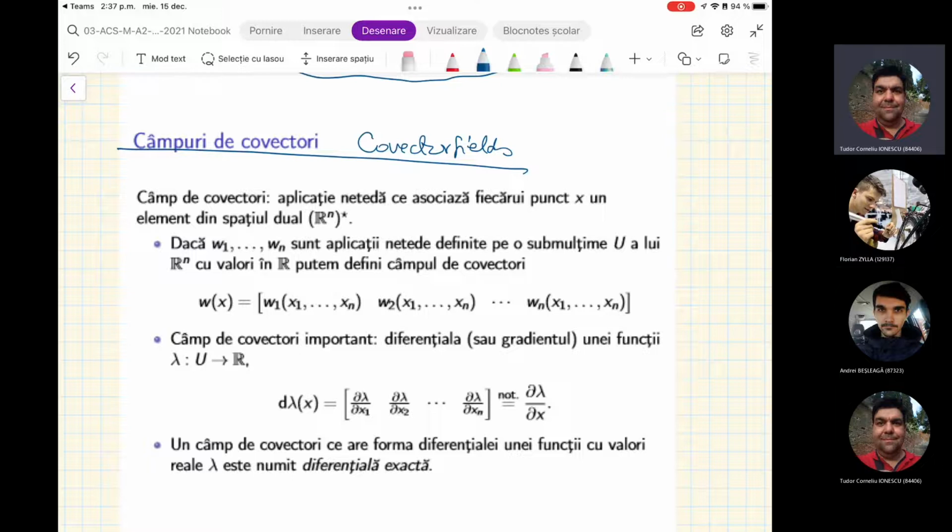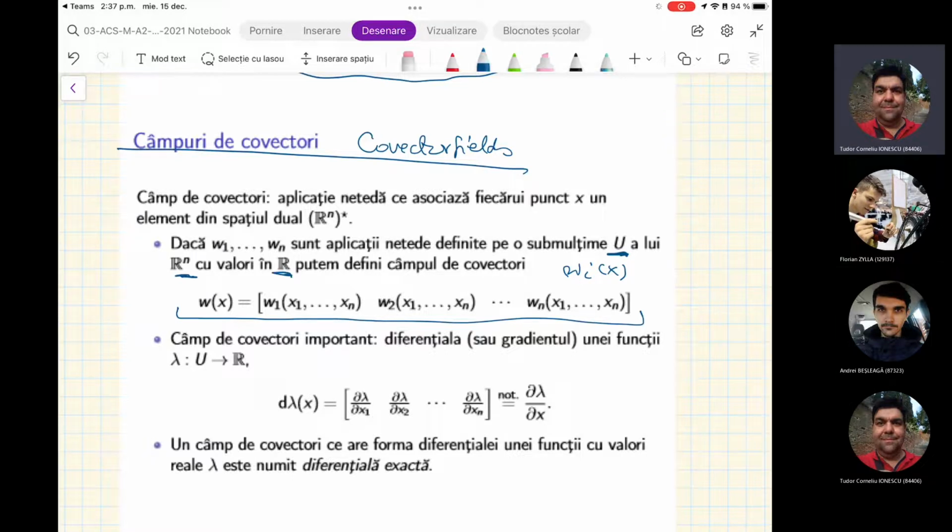If W1 up to Wn are smooth mappings defined on a subset U of Rn, taking values in R, we can define the covector field W(x), this row vector of functions. These are all functions of the point x.